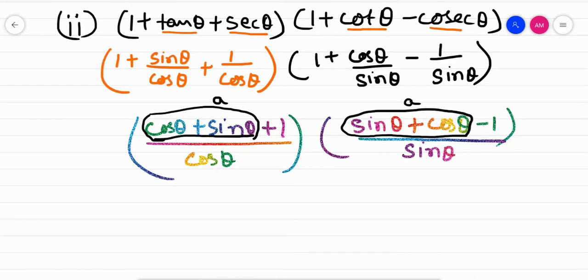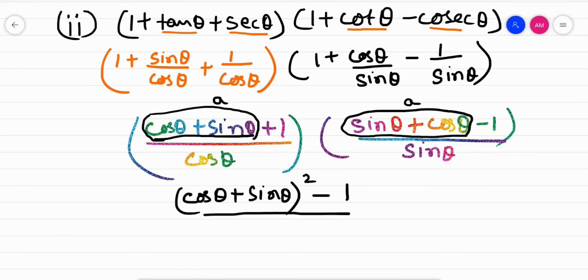A plus B into A minus B will be A square minus B square. So that means you will get (cos theta plus sin theta) whole square minus 1 square, that is 1, divided by, see here, cos theta into sin theta will be multiplied. You will get sin theta cos theta here. I hope you have got this.